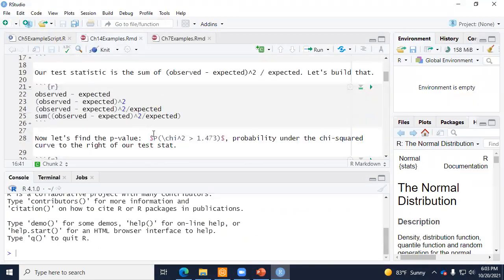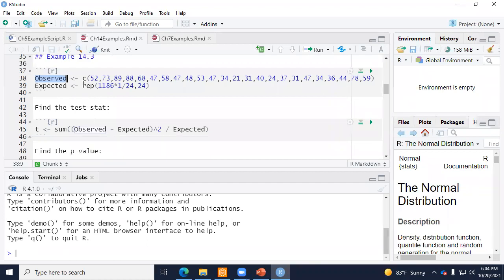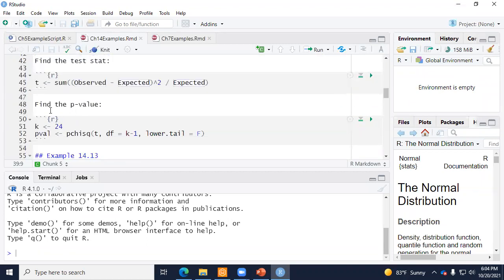Now you have your observed and expected, and we can get back to R and see how we are going to do this. We have a vector for the observed, how many labors we have in each of the 24 hours, and the expected, and you get the test statistic by the same formula. We know k equals 24, and the degrees of freedom is k minus 1.